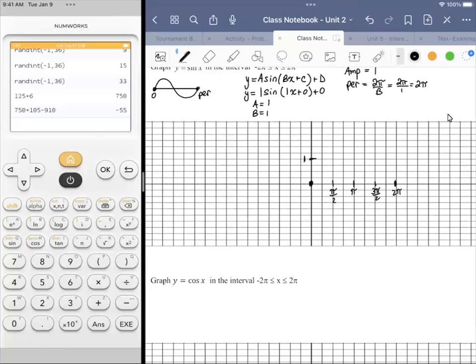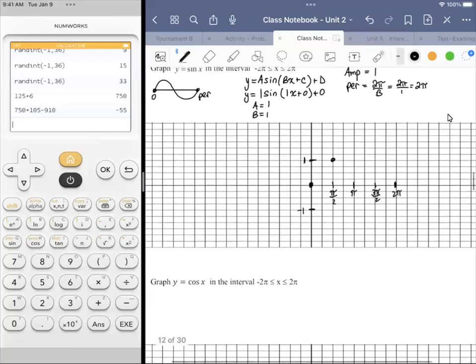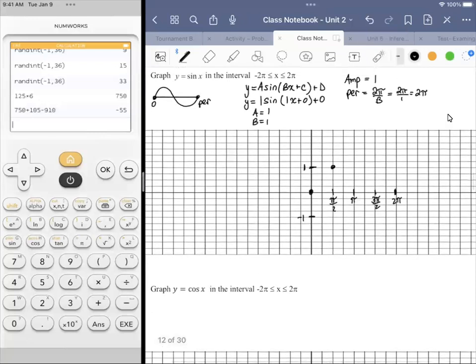So 1, 2, 3, 4 down would be -1. I'm going to increase to the maximum. The maximum is dictated by whatever the amplitude is. Decrease to the midline, decrease to the minimum, and then back to the midline. And that would be one cycle of a sine wave.